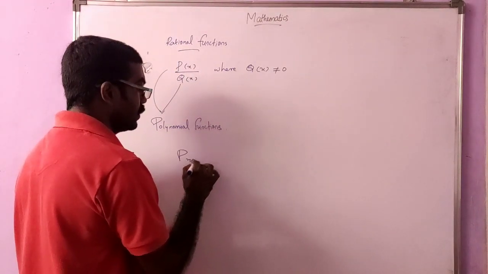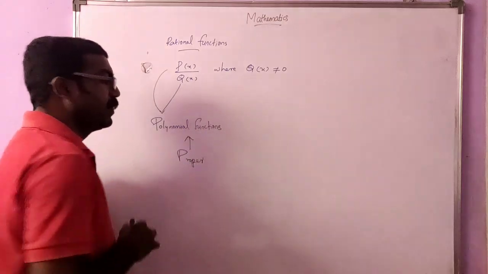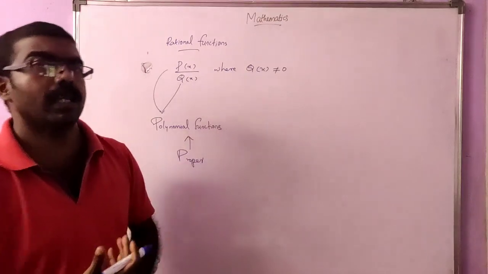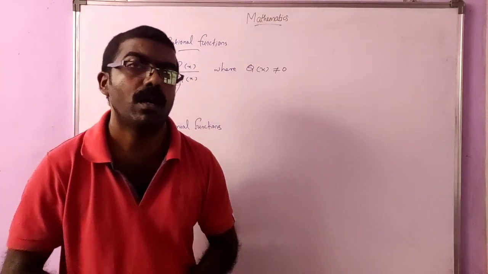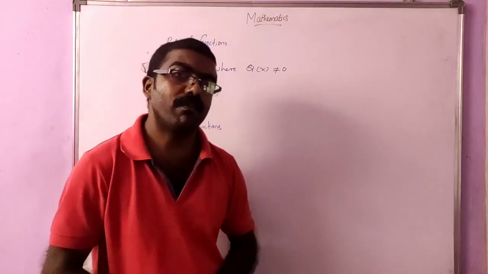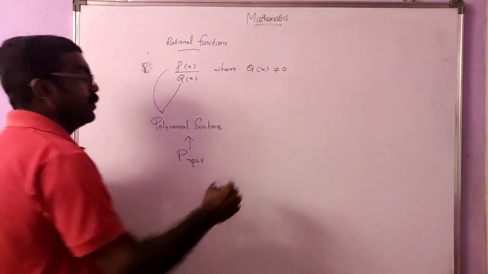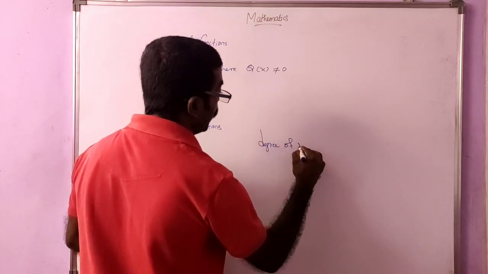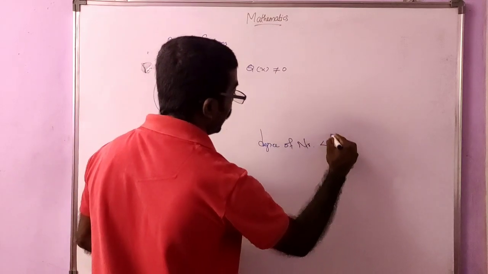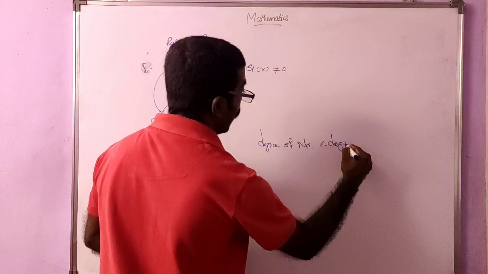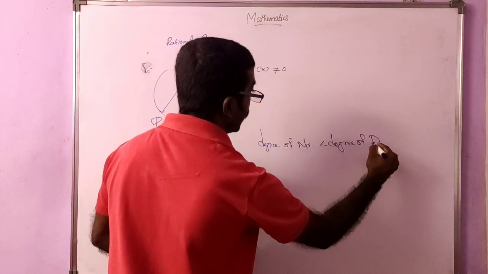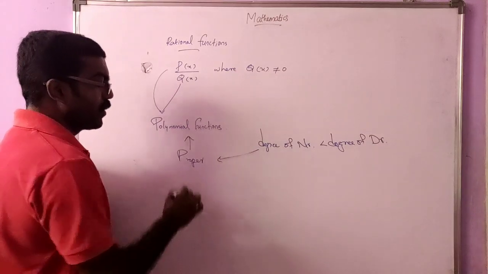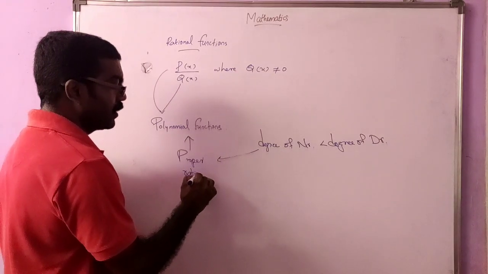Proper rational function. We are familiar with the proper fraction. What is a proper fraction? If the numerator is less than the denominator, then it is called a proper fraction. In the same way, if the degree of numerator is less than the degree of denominator, then that fraction is called a proper rational function.